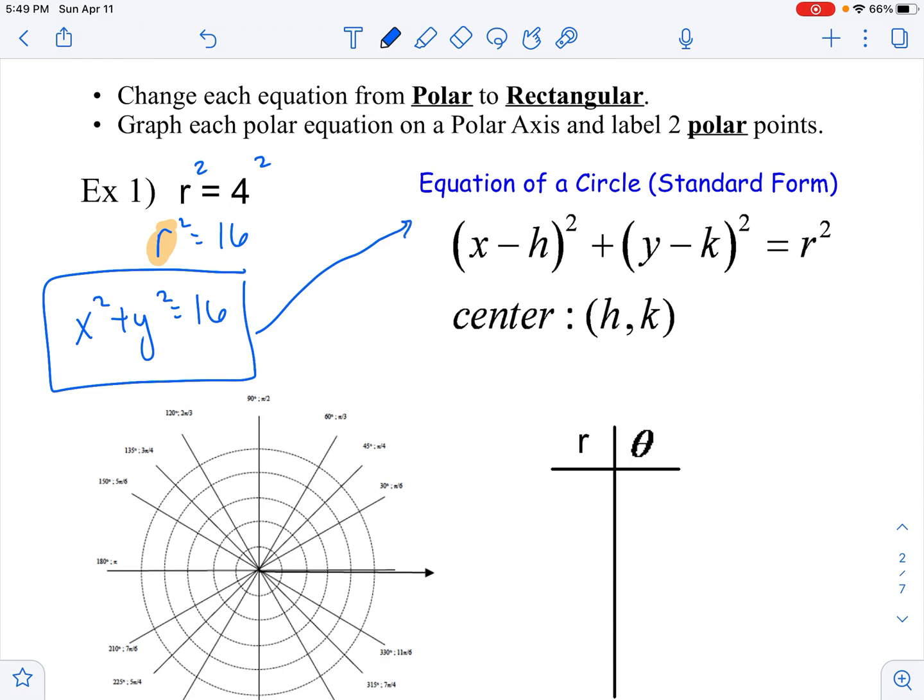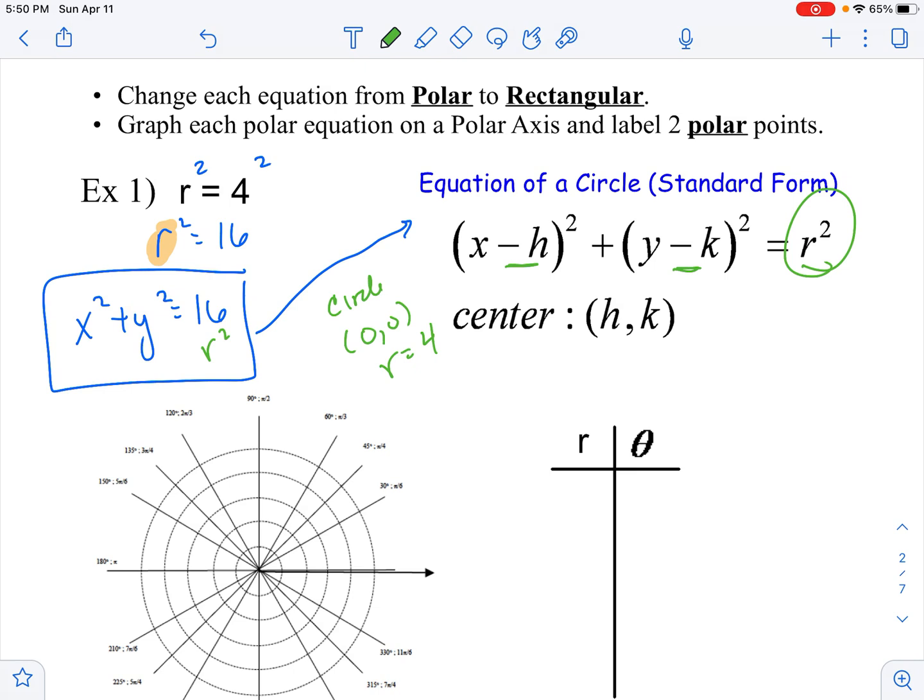If you don't remember, this is going to be a circle whose center is (0, 0), and whose radius is 4, because this is r squared, the radius squared, not the polar coordinate squared. And for that reason, we get a circle with a center of (0, 0), because that minus h and minus k are zeros. And then r is 4.